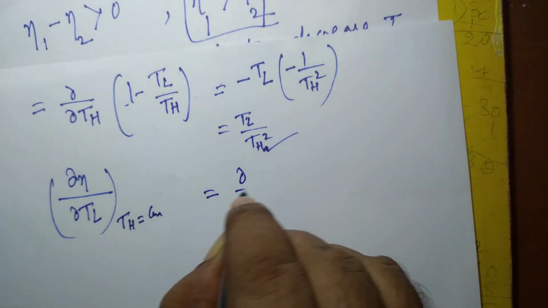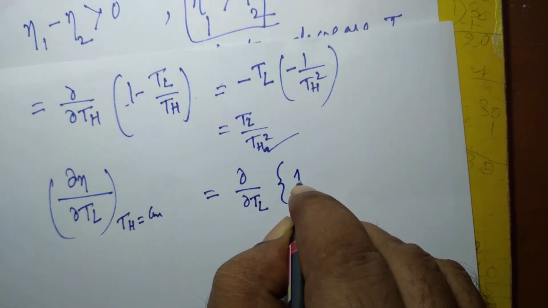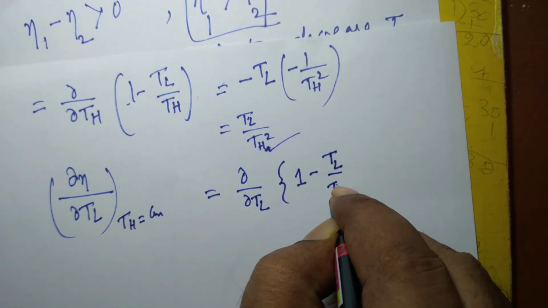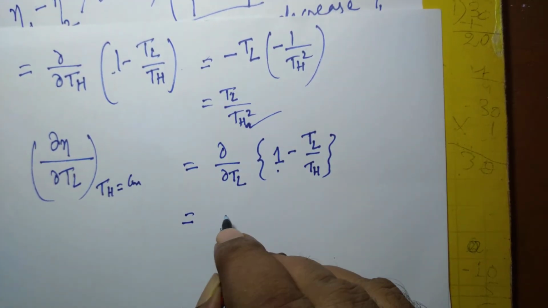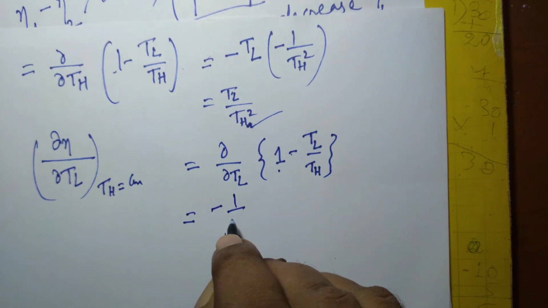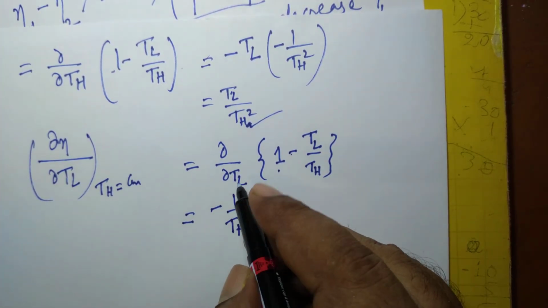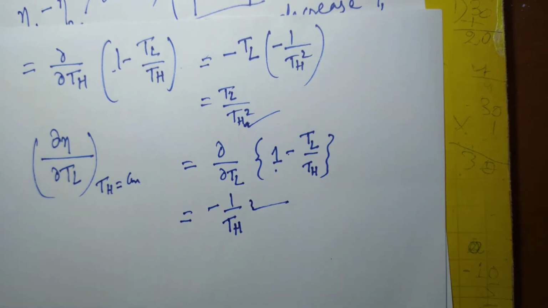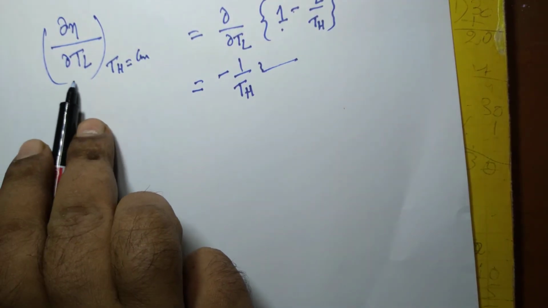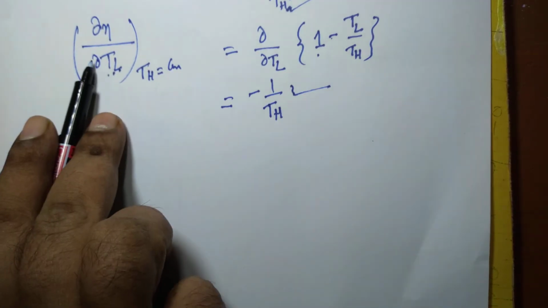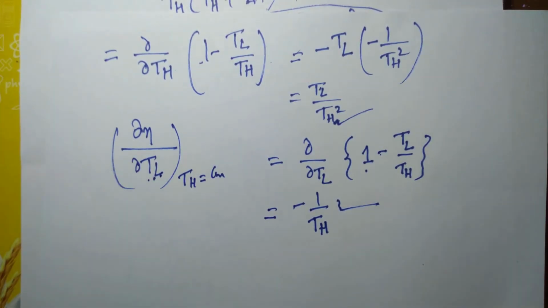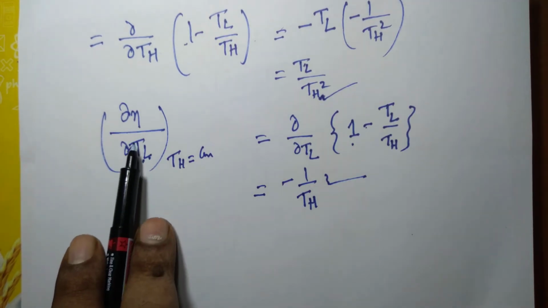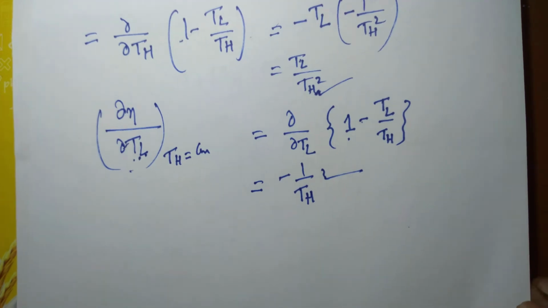The derivative of 1 is 0, so we get minus 1 by TH, because the derivative of TL with respect to TL is 1. So this is your slope, minus 1 by TH. That means when TL increases, the efficiency decreases. When both increase simultaneously, the slope comes out positive. But here, when TL increases, efficiency decreases, and when TL decreases, efficiency increases. That's why the slope is negative, minus 1 by TH.